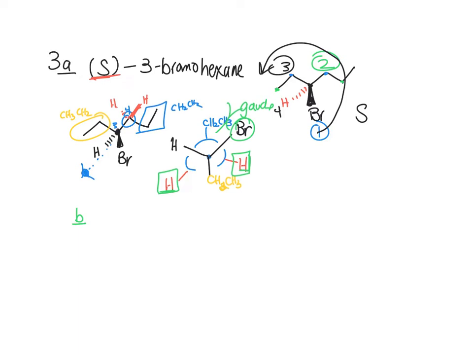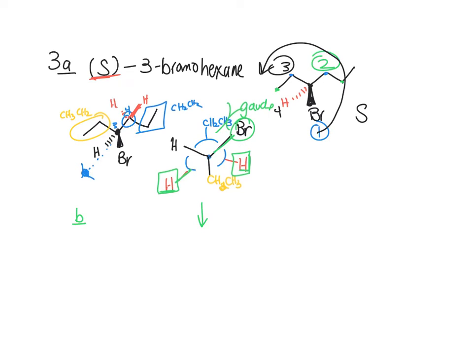There are two conformations where bromine and hydrogen are anti. Draw both conformations, determine which one's the most stable. Okay, so the reality is, these are already anti, and we do have one gauche.